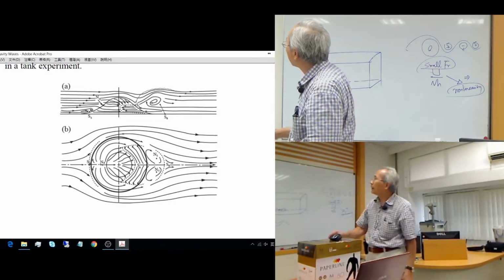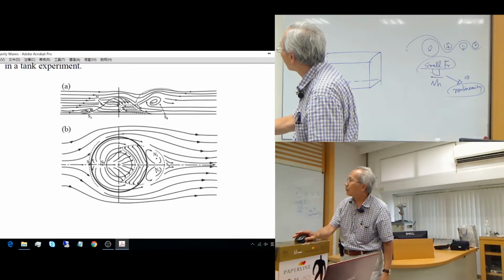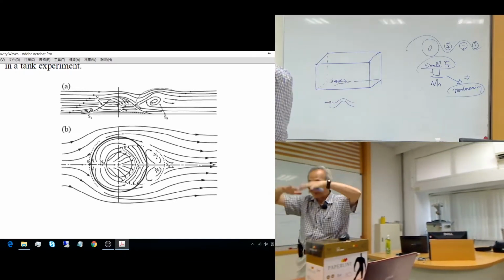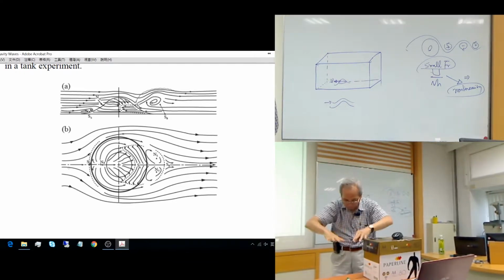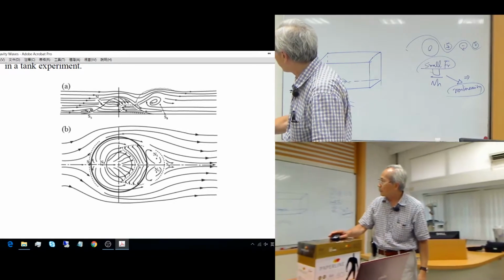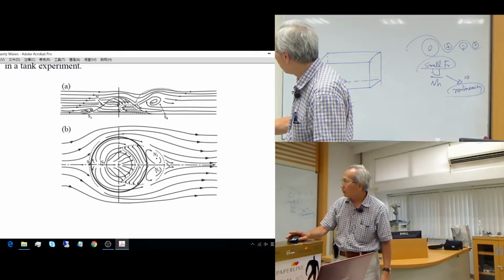Okay, that part is called the attachment point. This is the plan view. You go on top and look down at the mountain. Like that. So here you have the attachment point, because the flow comes to here and cannot go anymore, and then you just have to split.